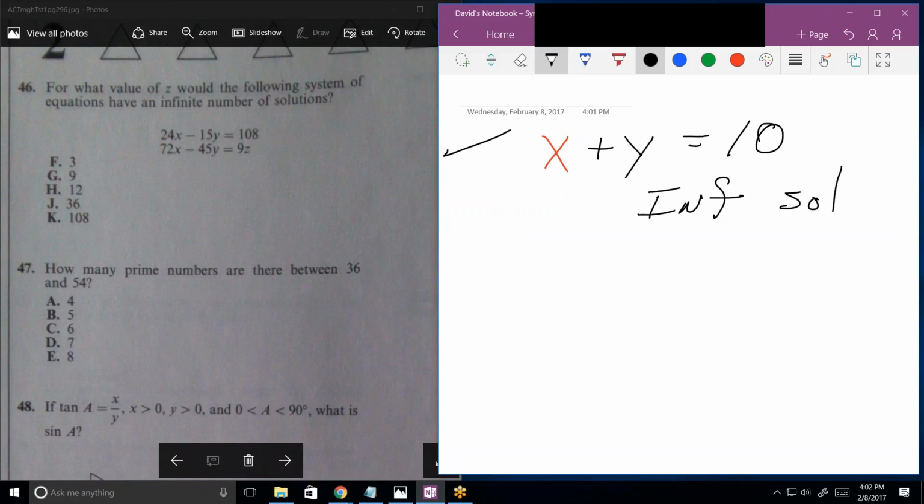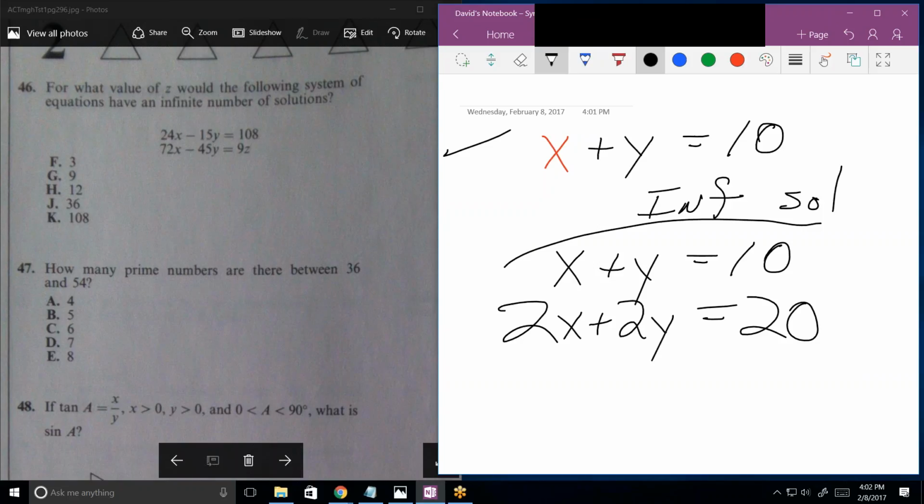Now let's take this set of equations. How many solutions are there? Isn't it still infinite? Two equations and two variables.